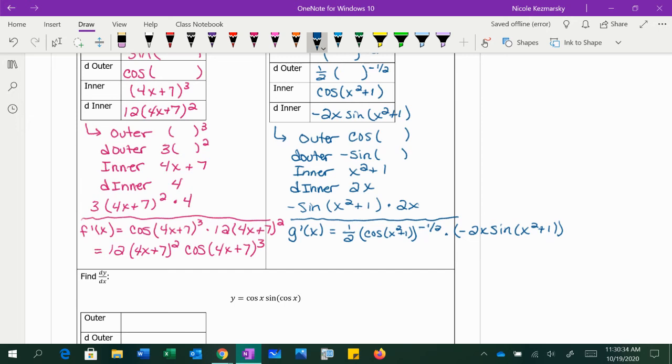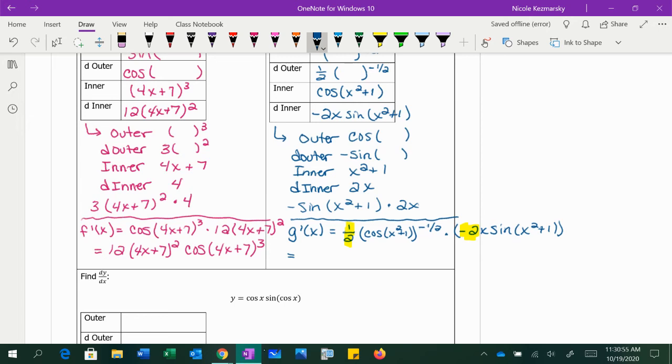And when they start to get this nasty looking, I'm okay with you leaving it like that, but let's go ahead and fix the negative exponent. So if I look at this very closely, I've got a lot of multiplication going on. I've got a 1/2 times a negative 2. So those are going to cancel out.